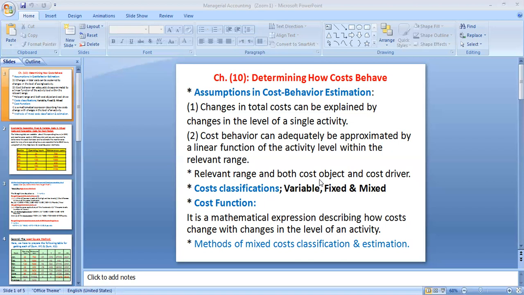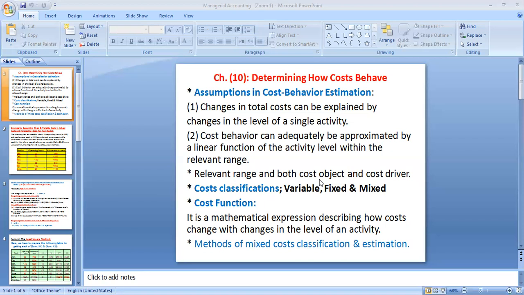So the units of production is the cost driver. If you remember the example of the taxes company, we said that the number of taxes is the cost driver for the license we were extracting.